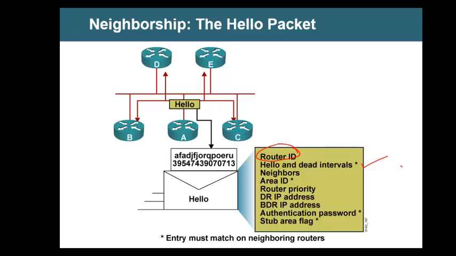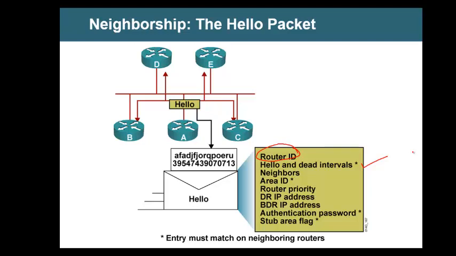In the previous chapter we saw, when the hello packets are sent, they will compare the hello packet and look for certain parameters to match. So these are the parameters that are supposed to match: hello interval, dead interval, area ID, authentication password if authentication is enabled, stub if stub is enabled.